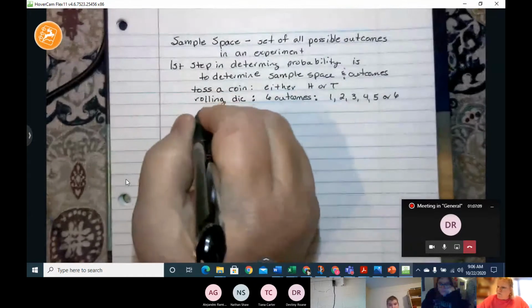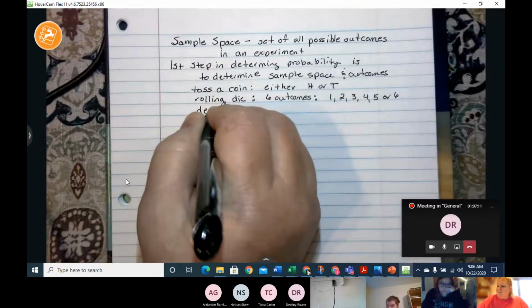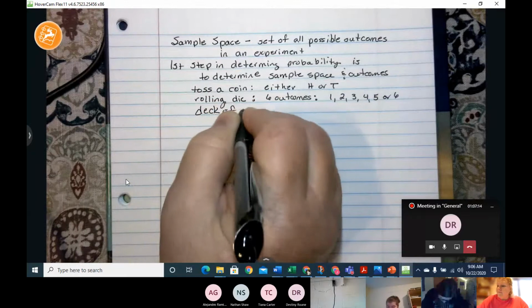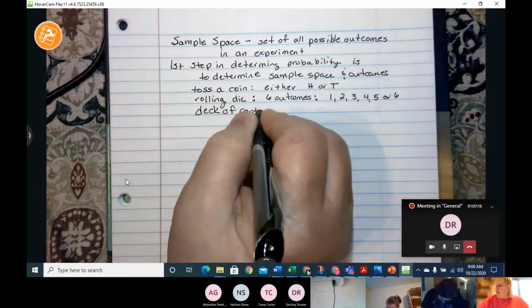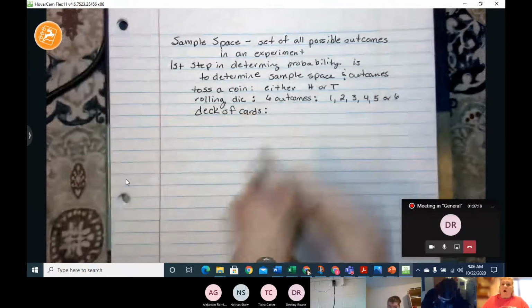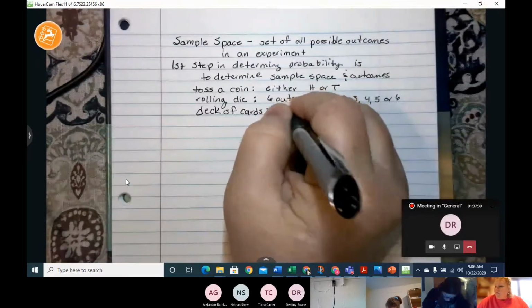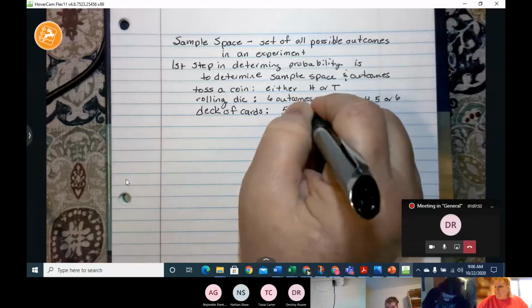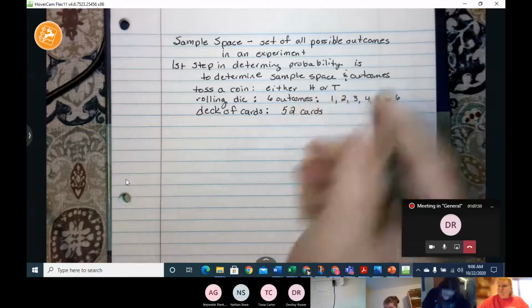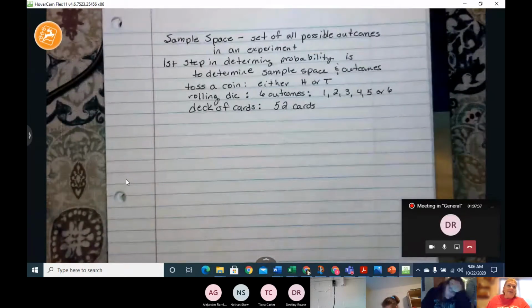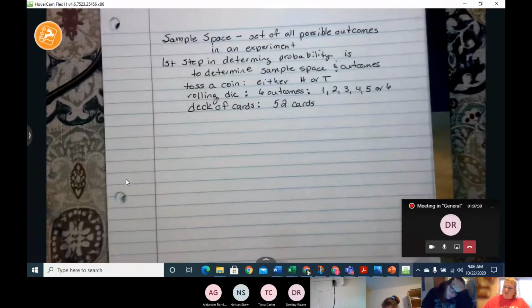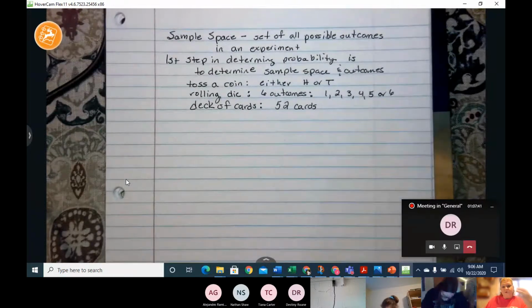But suppose we were using a deck of cards. Some of you have played cards, are familiar with cards. Some of you are not familiar with cards. So let's just talk about what's involved in a deck of cards. First of all, there are 52 cards on a standard deck. Some decks do come with 2 jokers, but we exclude the 2 jokers.